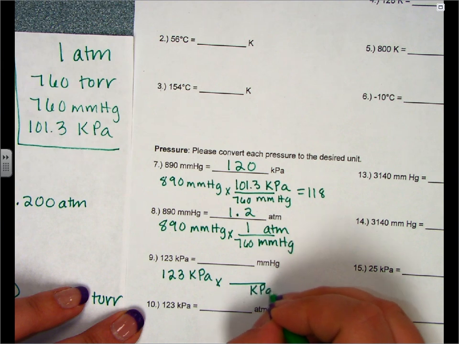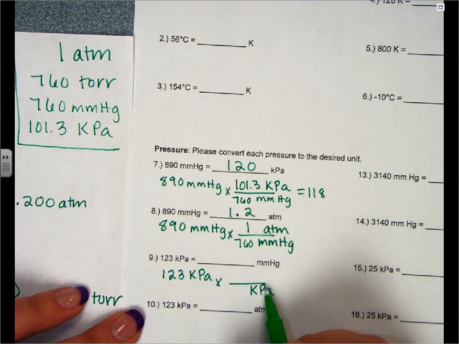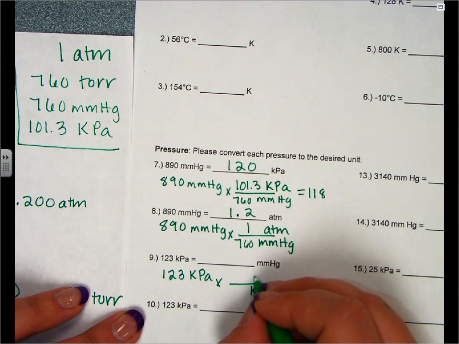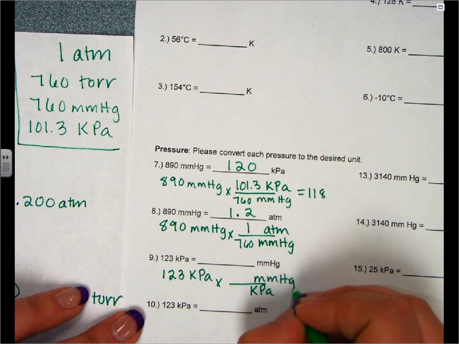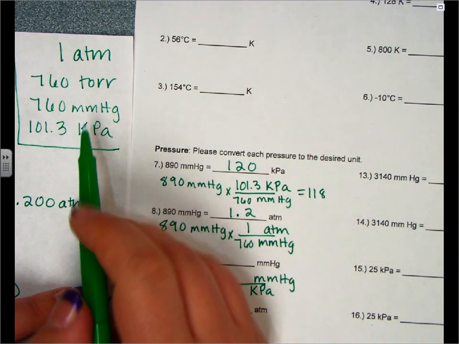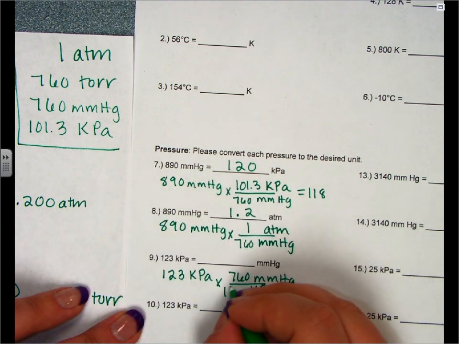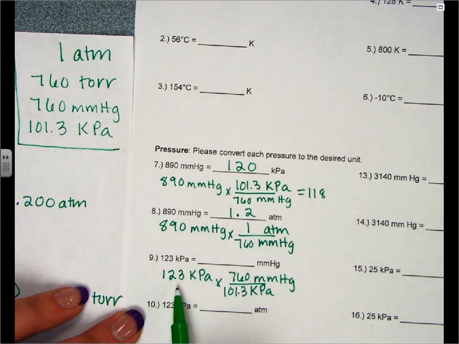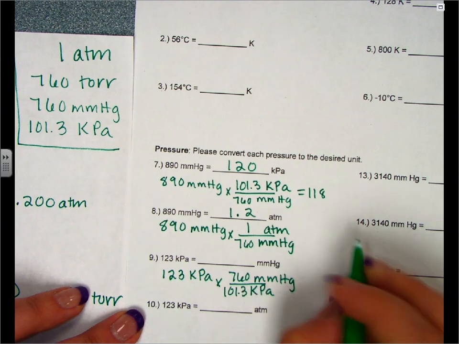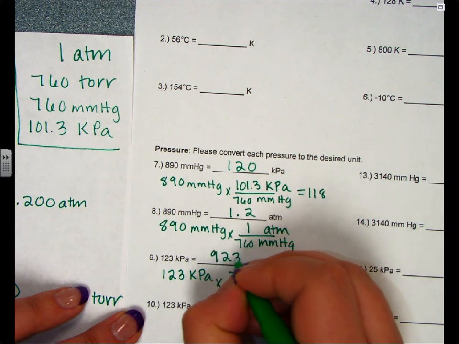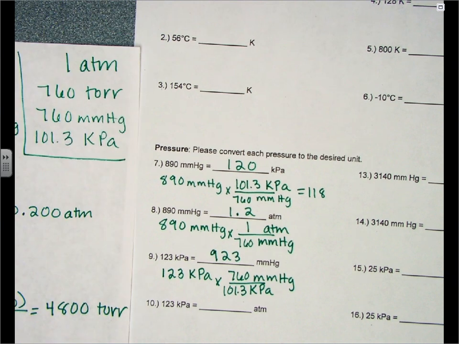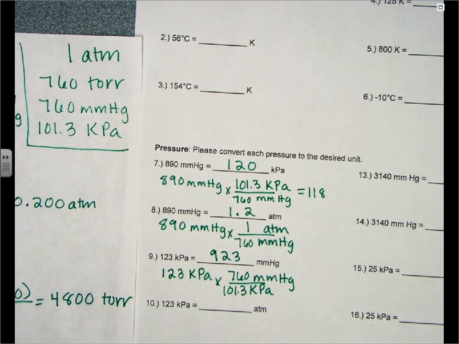I'm sorry, that's what I'm trying to get rid of. mmHg is what I'm trying to find, so that goes on the top. mmHg is 760. kPa, 101.3. So 123 times 760 divided by 101.3 gets you 923 mmHg. So that's how you do pressure conversions.